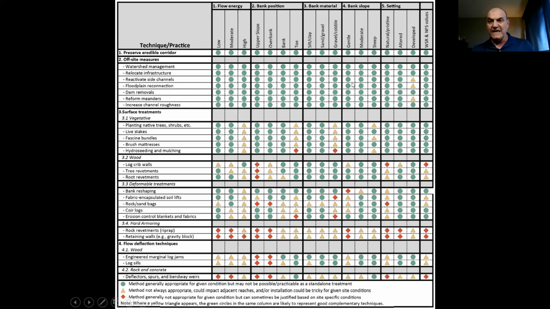This is where you'd want to get into the weeds of all these colored dots and shapes, but again, I can't go into every detail of the techniques as well as the aspects of the site you want to think about in selecting the technique. But again, this is a valuable table when you start getting into the nitty gritty.